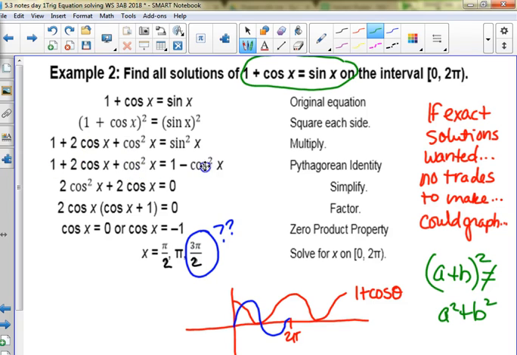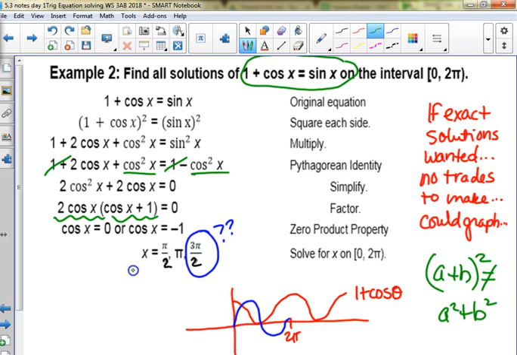Then let's see, they added this cosine squared over to this cosine squared and got 2 cosine squareds. There's a plus 2x. Oh, look, they subtracted 1 from both sides and got rid of that. Then they took out a 2 and a cosine. Then they set this one equal to 0 and this one equal to 0.